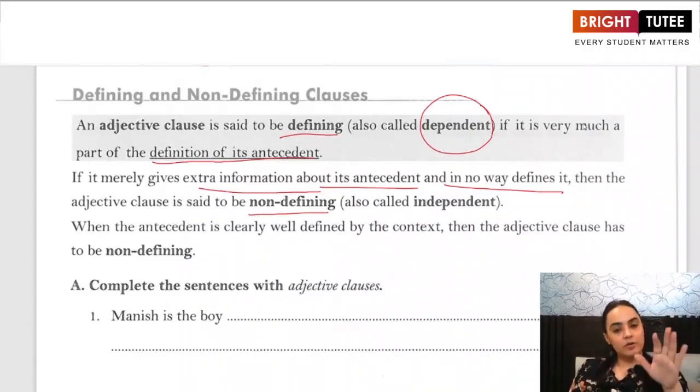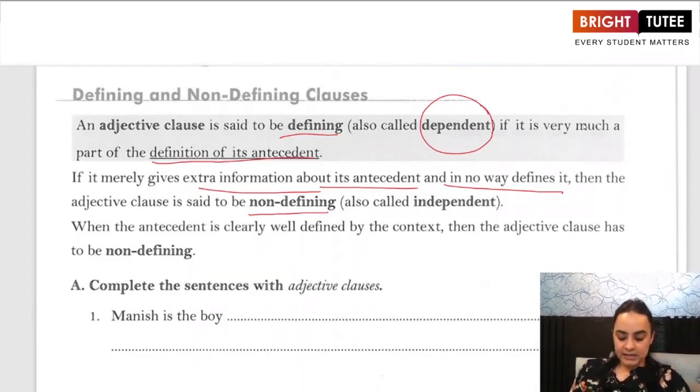So an adjective clause is dependent or defining if it is a part of the definition of the antecedent. Antecedent means the noun which is exactly before my adjective clause. And an adjective clause is non-defining or independent if it is only supplying some extra information related to the same.